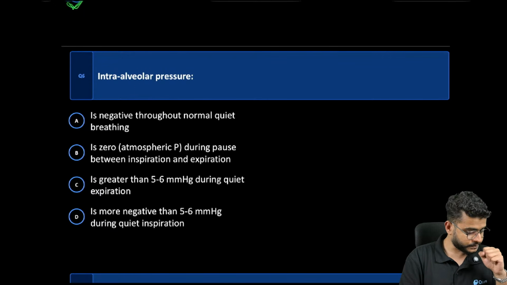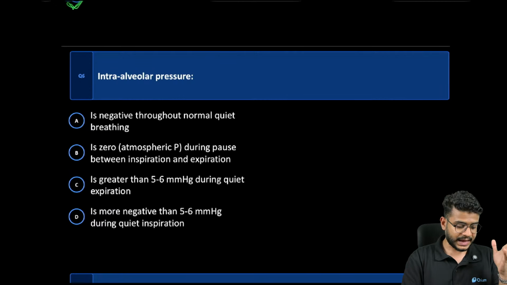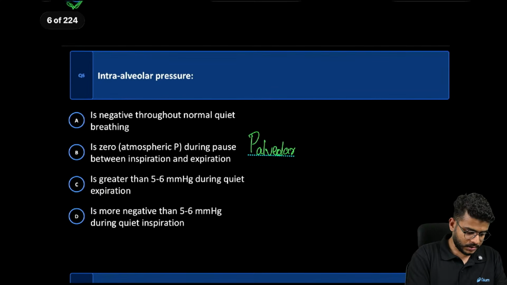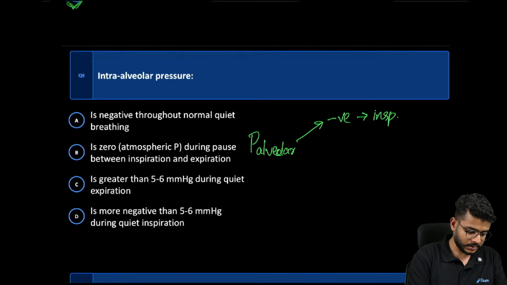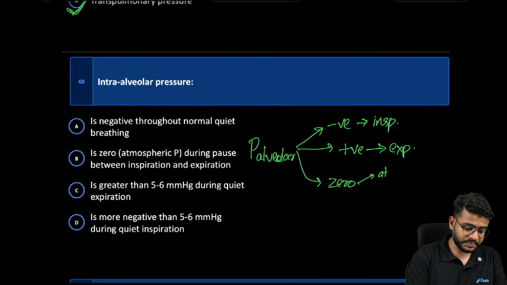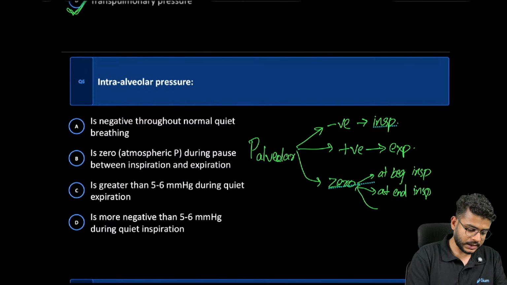See, the thing you have to know about intra-alveolar pressure is it is negative during inspiration, positive during expiration, and zero at the beginning of inspiration, at the end of inspiration, and after expiration.